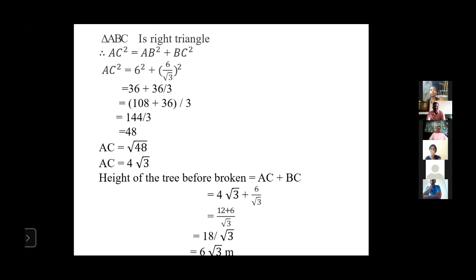Now we go to another method, that is the Pythagoras theorem. In triangle ABC, it is a right angle triangle. Now AC square is equal to AB square plus BC square. Here we didn't get the value of AC, so we write it as it is. AC square is equal to AB, the given length 6, so 6 whole square plus BC.